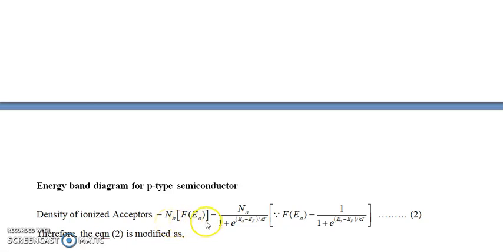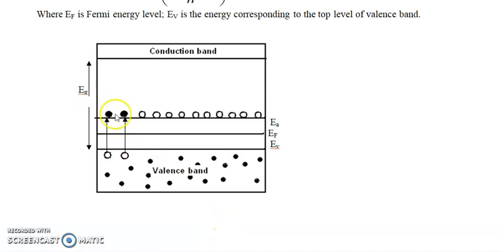F of EA is the probability of an electron being in the acceptor level, that is, the probability of ionized acceptors in the acceptor level.